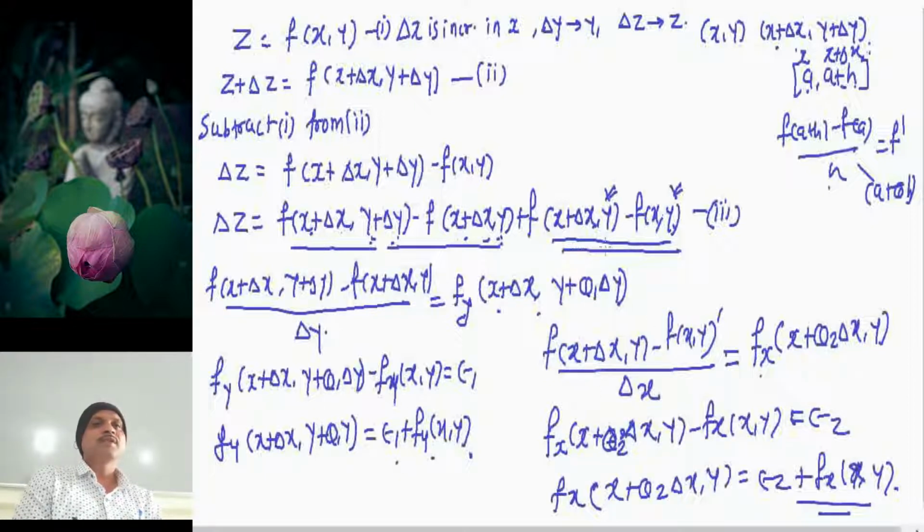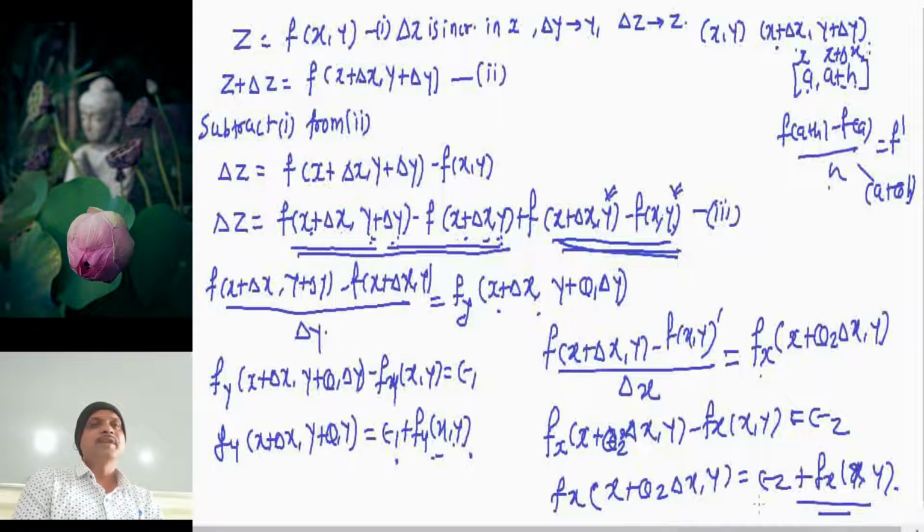So let us put these values for this first interval in this equation. Remember these things. For the first two terms we get the value Δy into (ε1 + f_y(x, y)), the derivative with respect to y.